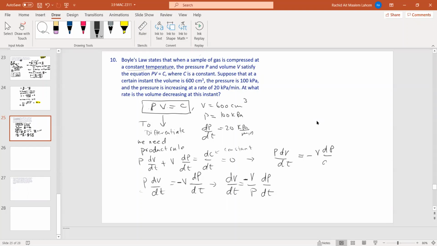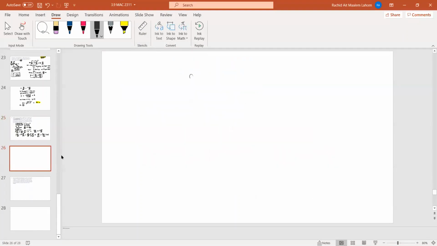You get V dP/dt. All right, so we need that. And now we can just go ahead and replace the 600 and 100 and 20, right? So dV/dt is negative 120 cubic centimeters per minute.